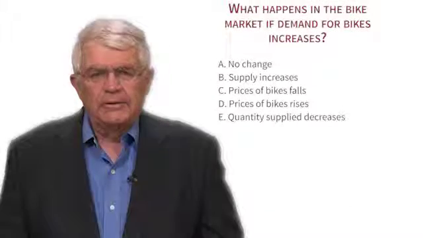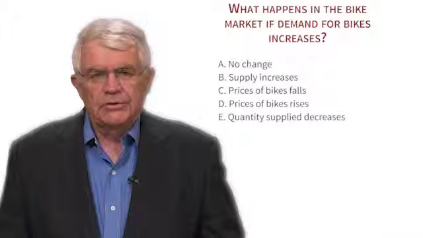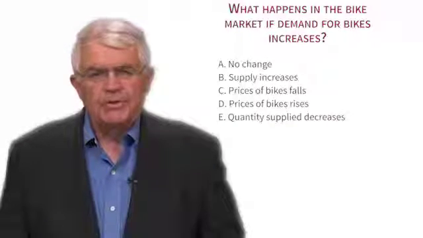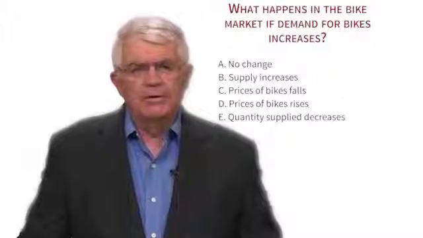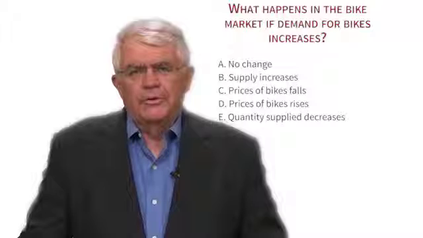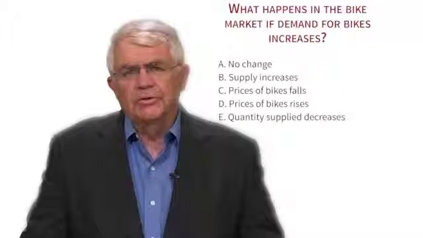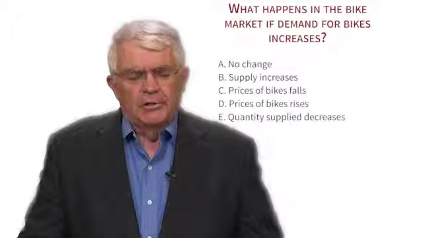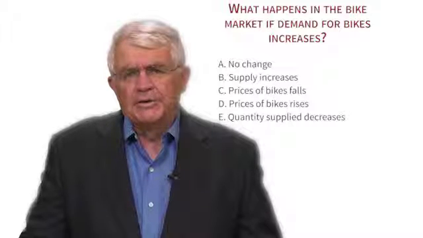Now, given this equilibrium and this intersection idea, let's see what happens in the market if something changes. Think to yourself, from this model or from where you're coming from before this lecture, what would happen to the bike market if the demand for bikes increases?